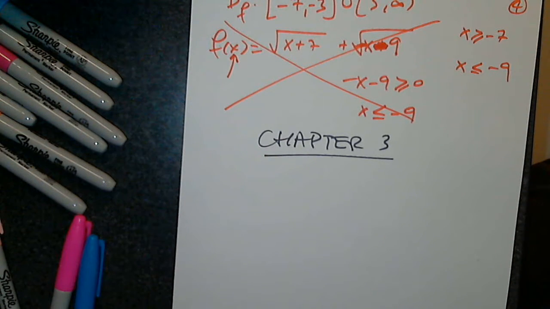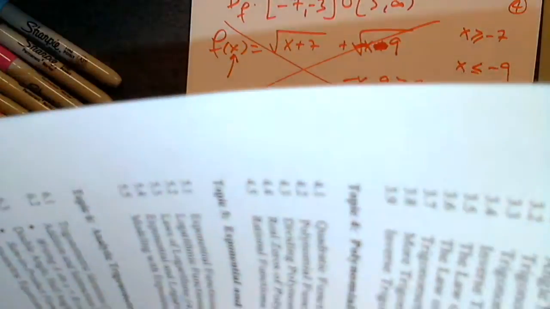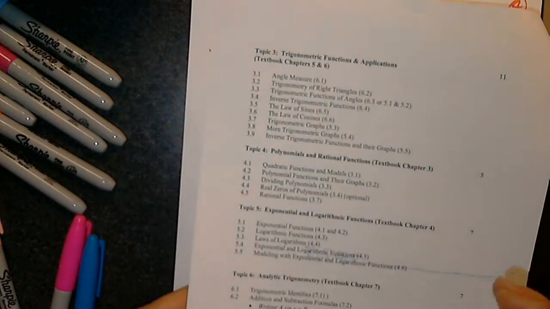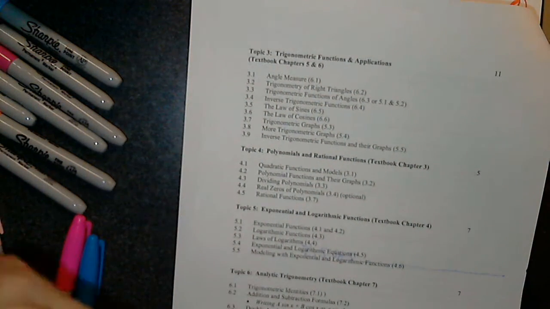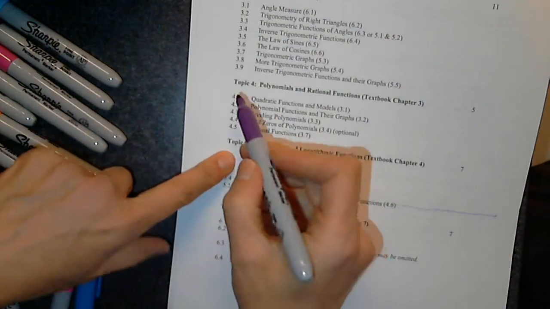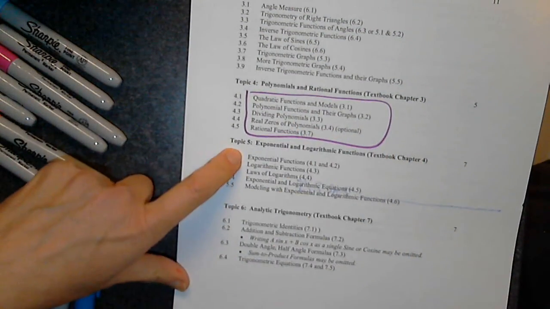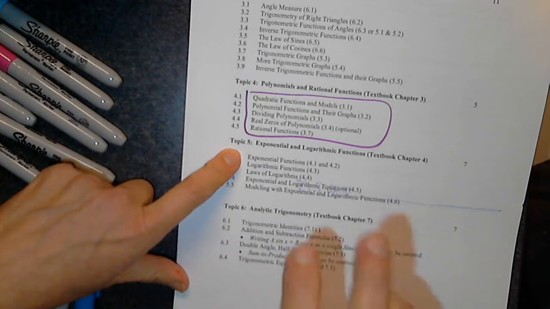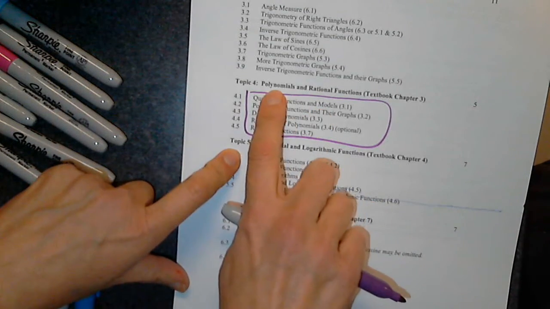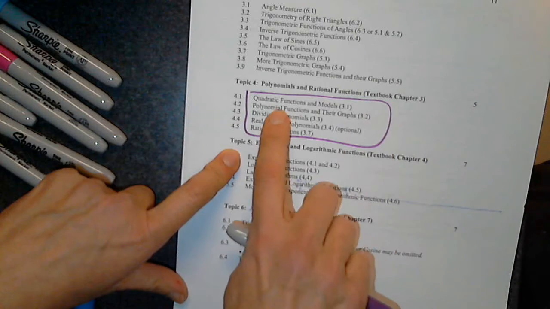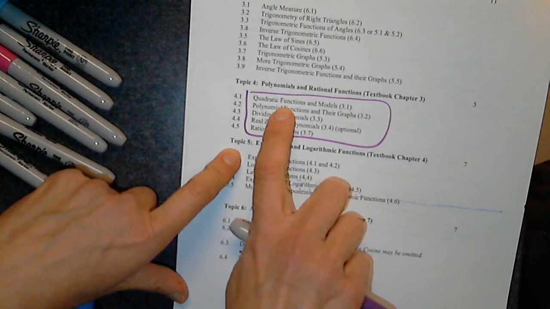The title of chapter 3 is... and you also have, I really like this handout. So, chapter 3 is right here. Quadratic functions and models. Oh, it's all about polynomial and rational functions. So, quadratic functions, this should be very clear.